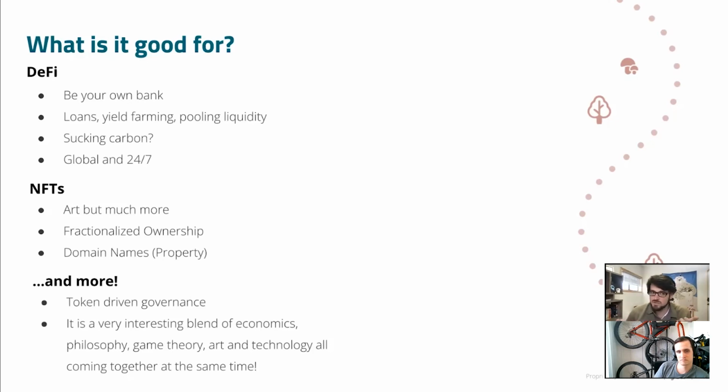Another very interesting thing, and I mentioned this in my last lunch and learn, is this whole token-driven governance movement that's happening. You have your identity tied to your wallet and you can have tokens in it.